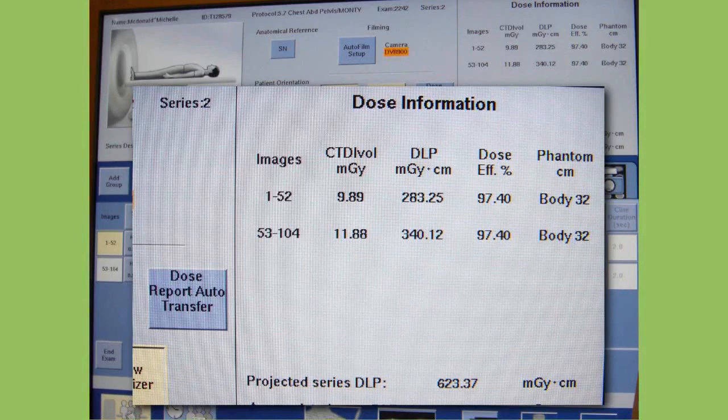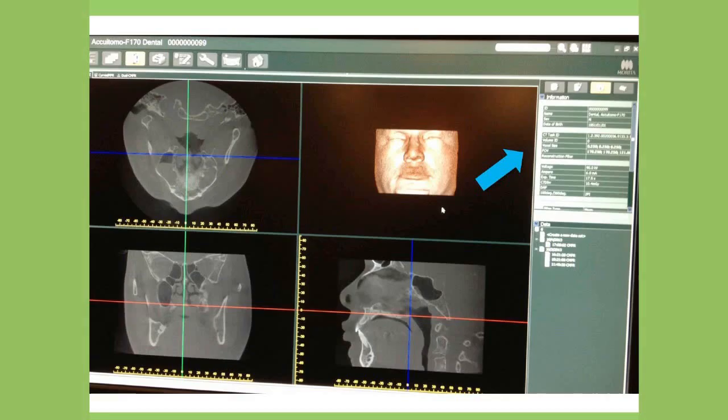It will give you an idea of what the CTDI vol is, the volumetric CTDI in milligray, and what the DLP is, and what the effective dose percentage is, and which phantom it was based on. So this one, the top one, was 52 images at 9.89 milligray, based on a 32 centimeter body phantom. It's a very typical kind of result that you might see.